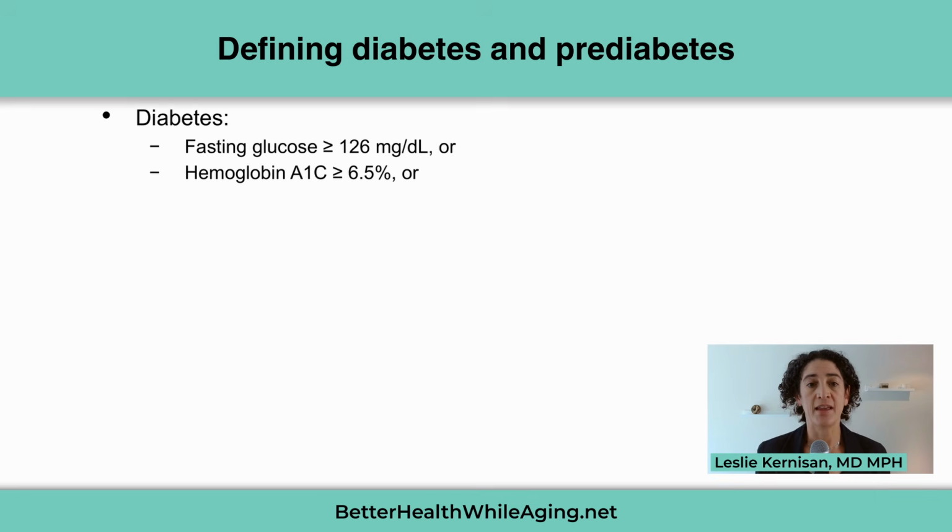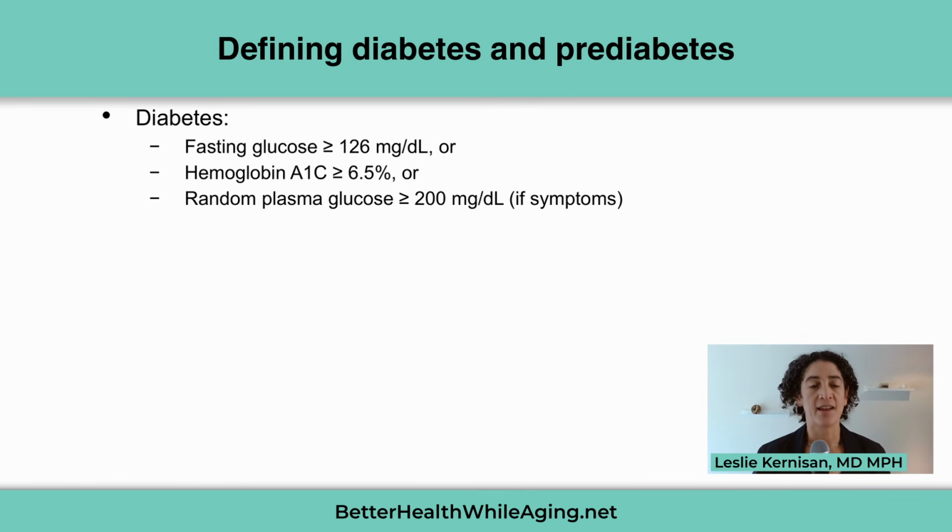But as you can imagine, the higher your level of blood sugar chronically, the more of your blood cells are going to have these little bits of sugar added on. So if the percentage of your red blood cells that have been glycated is greater than 6.5%, that qualifies as diabetes. So a hemoglobin A1C greater than 6.5% generally means diabetes.